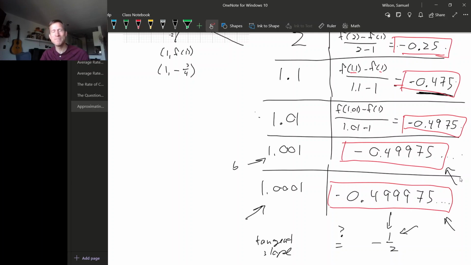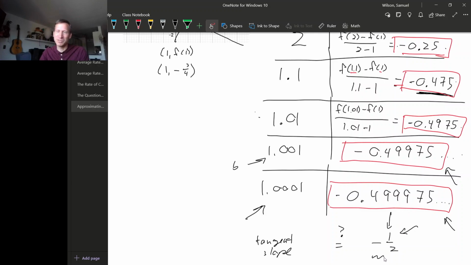but for other examples with messier numbers, these slopes, even if they're settling down, it might not be clear what number they're headed towards. They might be just headed towards some messy decimal, and we don't really know what to call that decimal, right?